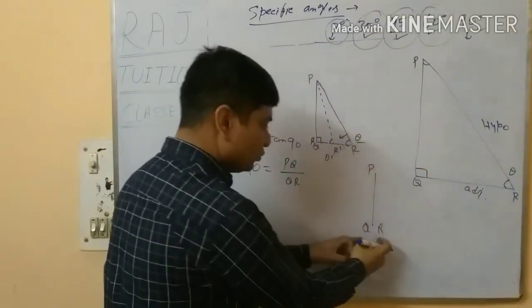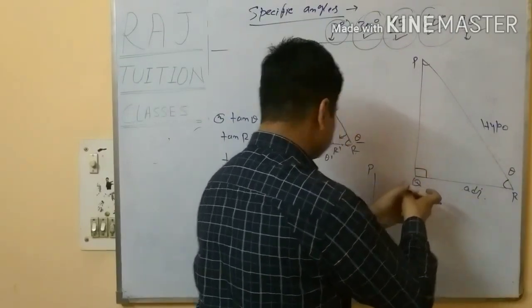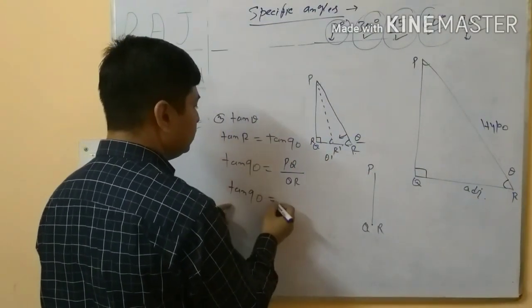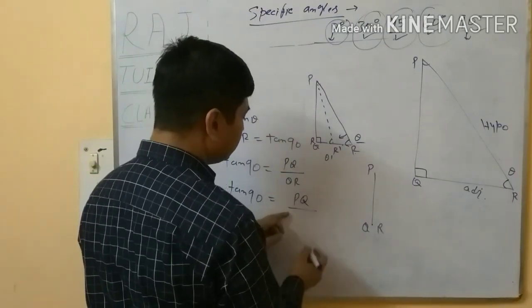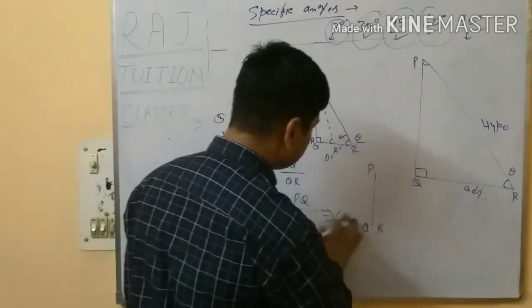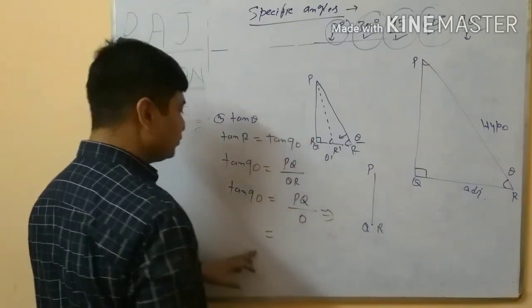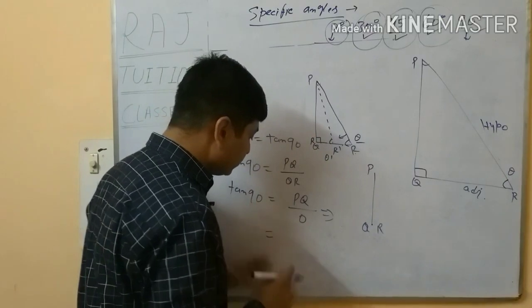But to make angle R 90, QR shrinks to 0. So tan 90 is PQ, which will have some finite value, divided by 0.